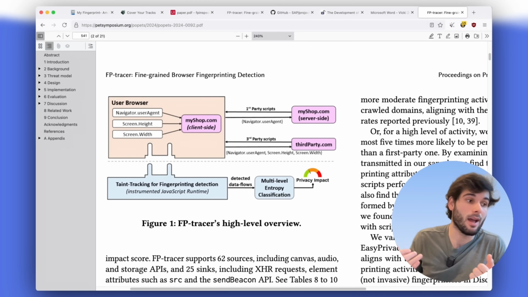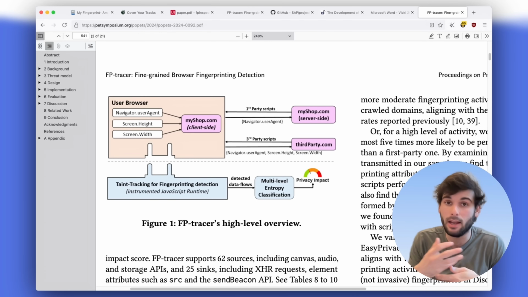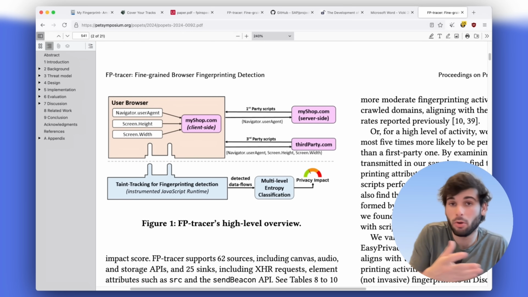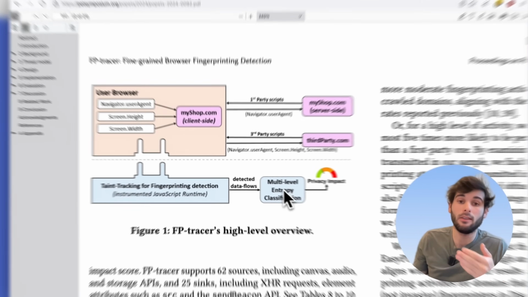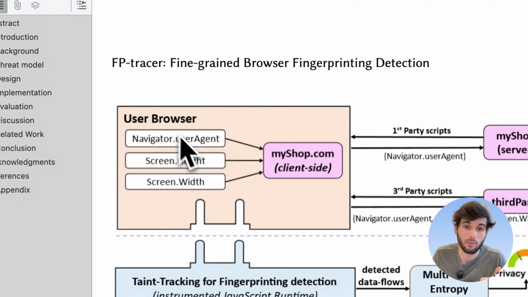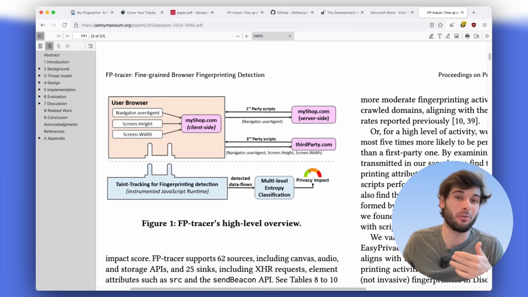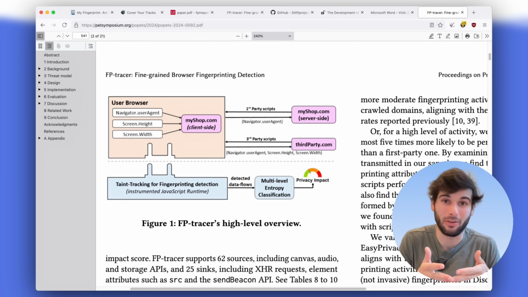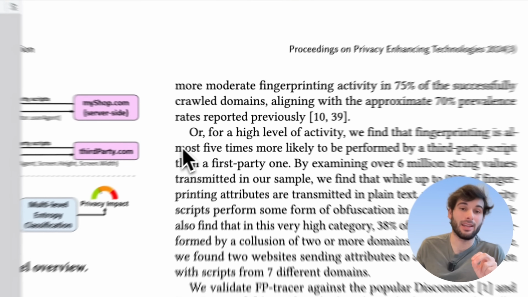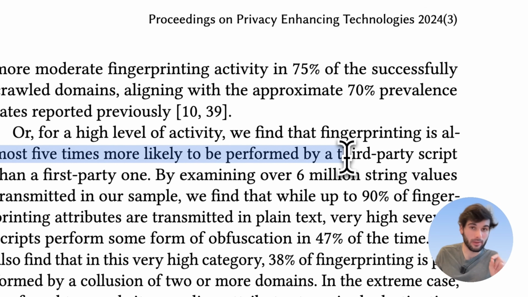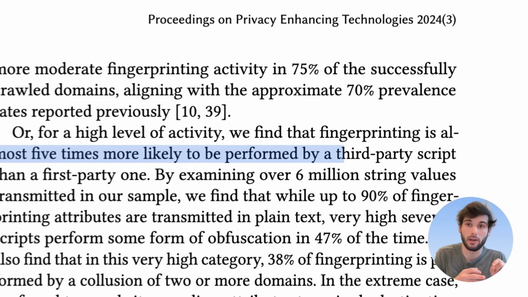This is where you'll find third parties that might collect data about you, or maybe they provide genuine services. But these third parties might start getting some of this browser data, and then that third party could be used on a different website that you go to later, and that now ties your data together across websites. And again, what they found is that it's almost 5 times more likely for this kind of tracking to be done by a third-party script.